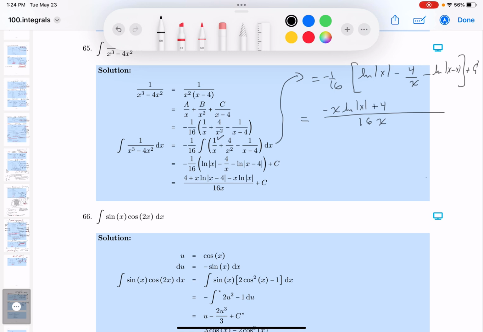And then you get x times the natural log of x minus 4, plus some constant of integration. I'm going to clean up a little bit: plus c, 4 plus x ln absolute value of x minus 4 minus x ln absolute value of x, over 16x.